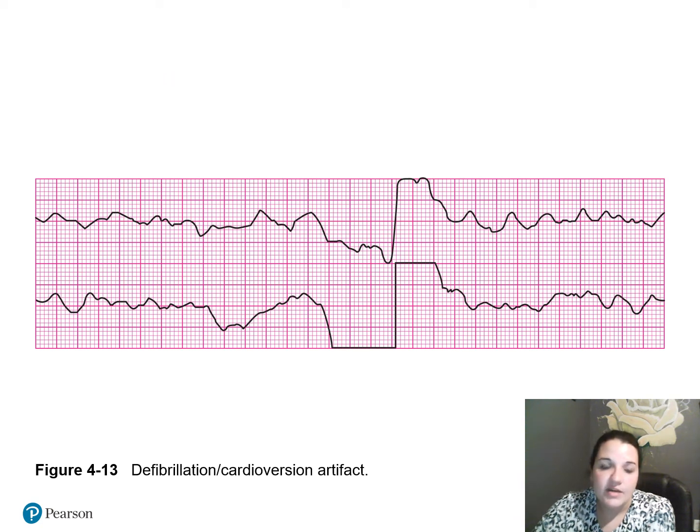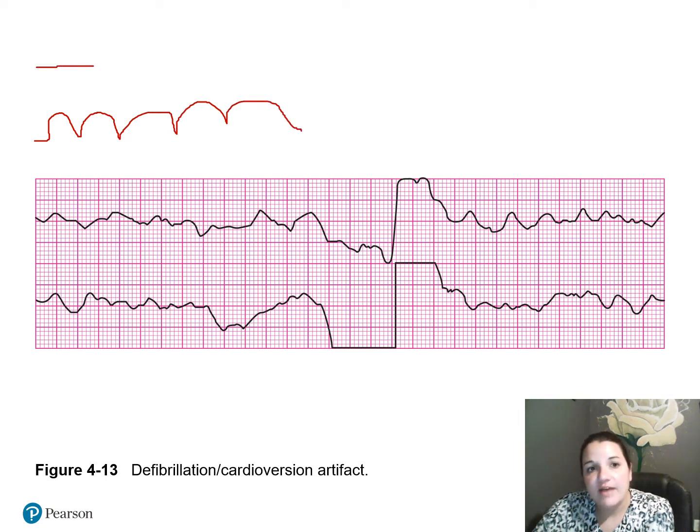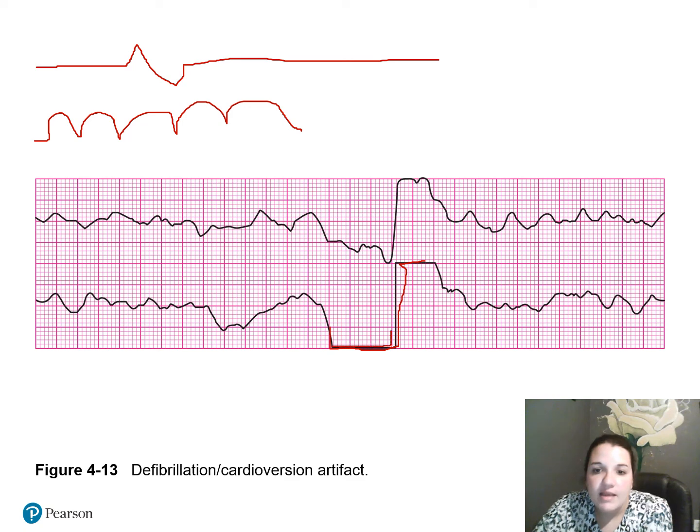So remember, your CPR artifact looked like this, and a true CPR artifact looked like this. Okay, so here we're looking at defib and cardioversion. Here we're going to have what's kind of looking like a broken record. But notice it drops down and then it goes up.